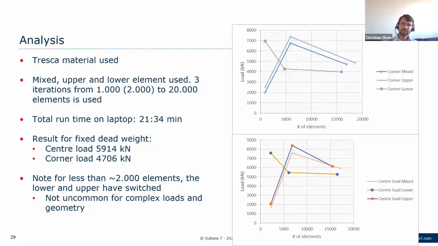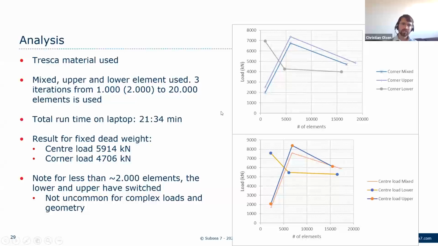But it is seen here in the number of elements and load diagram that it doesn't converge at 5,000. You need to come up to about 20,000 elements before the upper and lower bounds start to give you a similar value.